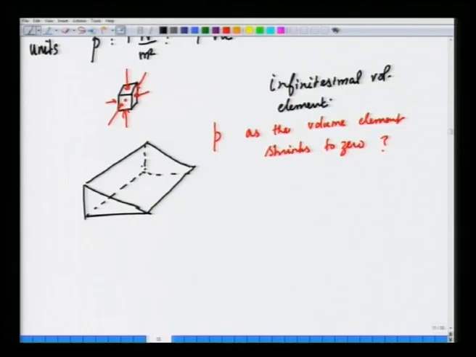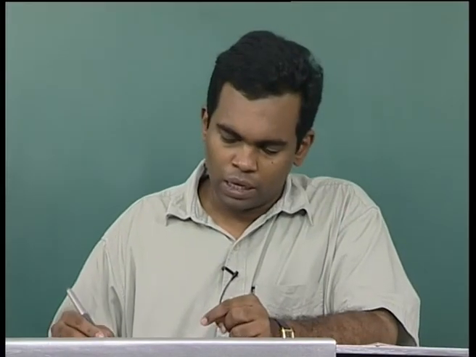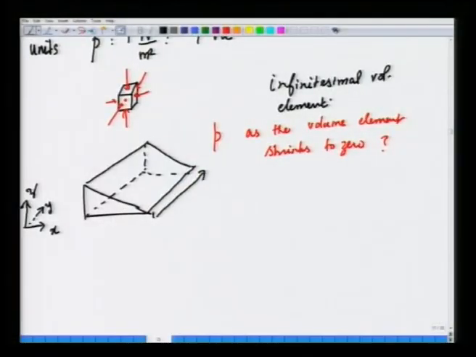Okay. And let us put a coordinate system. This is x and z, and y is going into the board. So, y is the direction that is perpendicular to the plane of the board. Let us call the dimension perpendicular to the board as b, let us call this dimension delta z, and this dimension delta x, and let us say there is a body force of gravity, acceleration due to gravity g, acting.